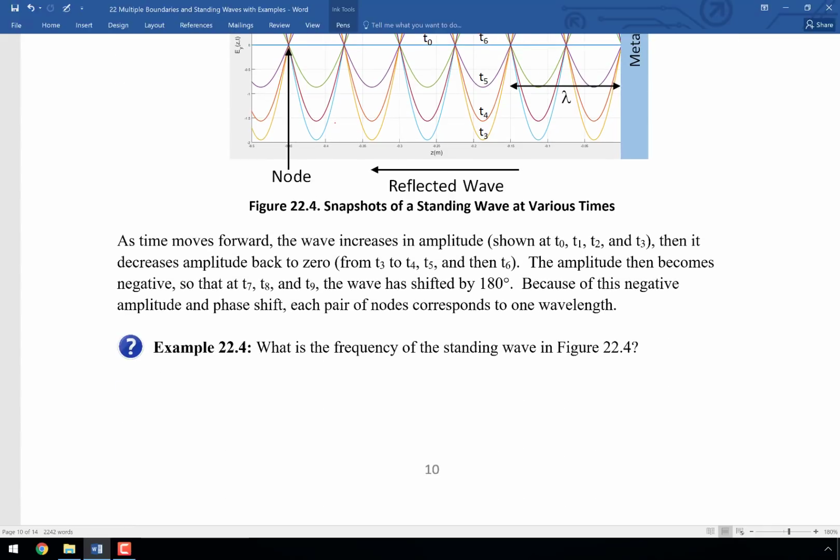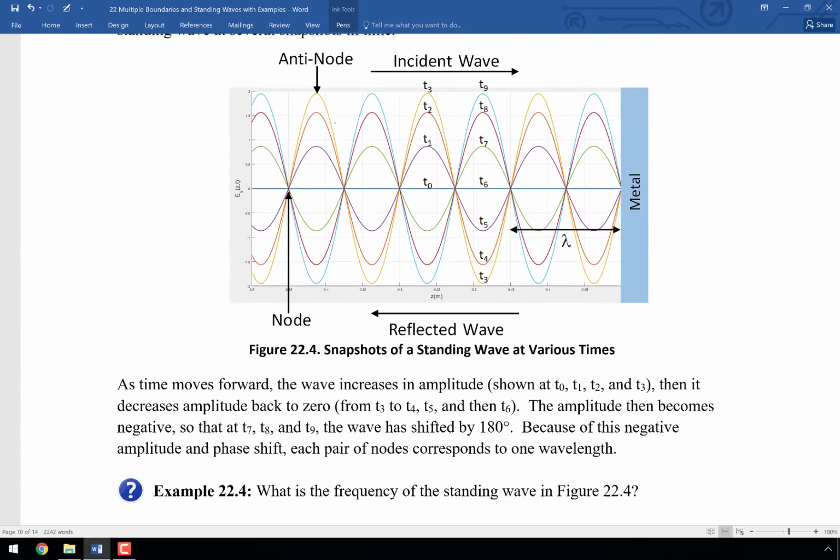So what is the frequency of that standing wave? Let's go back up here and look at this. Let's imagine I'm going to focus on this orange wave right here. Remember that this orange wave is doing this, and it comes back up here, and it hits right there. And that is why I've written this and shown that lambda is the distance of 2 nodes worth of distance.